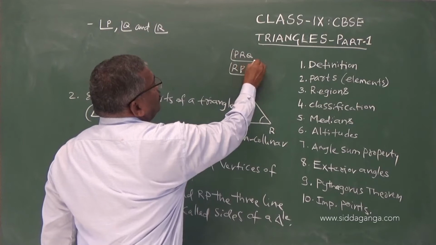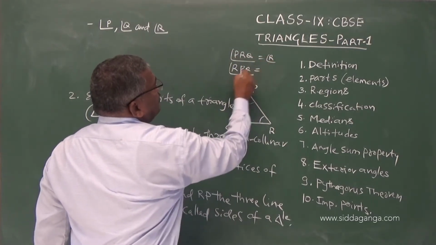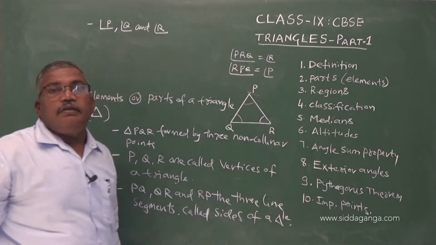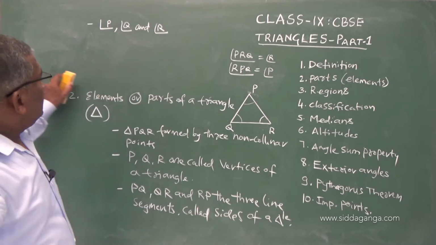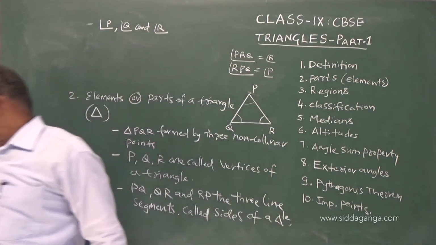If I write PRQ, it is nothing but angle R, and if I write RPQ, it is nothing but angle P. You have learned these things, but I am just recalling these basics.